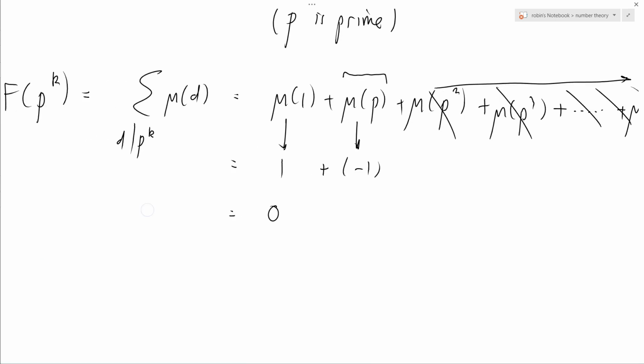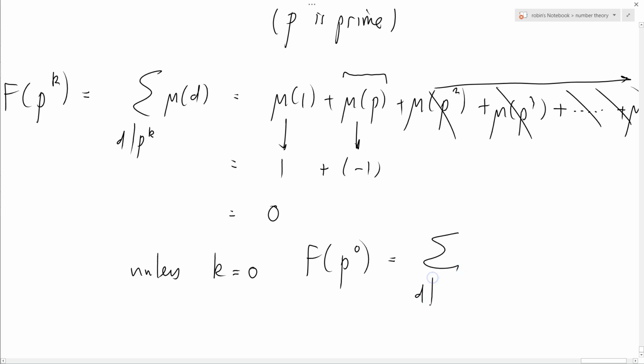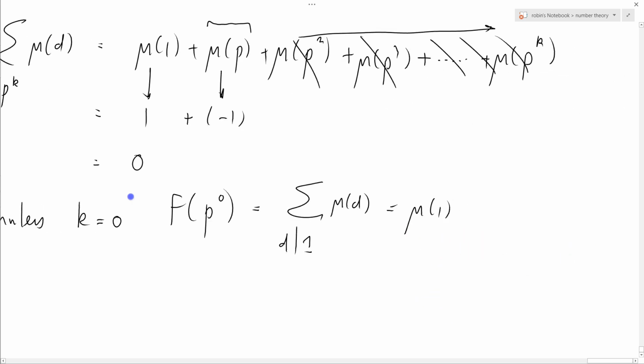Okay, unless k equals 0. If k equals 0, this argument doesn't really apply, in which case f of p to the power 0 equals, well, may as well write it out in full, the sum over d divides 1 of mu of d, because the only number that divides 1 is 1, equals 1.